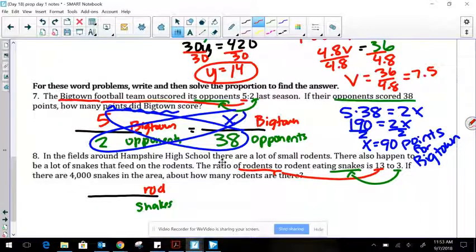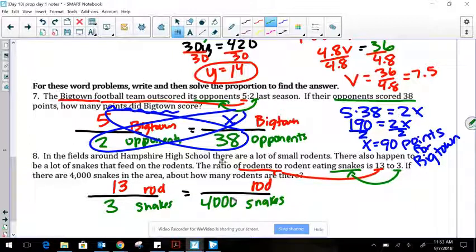So I have 13 rodents for every 3 snakes. All right, and then this side needs to match the left side. So Mr. Wozniak counted that there's 4,000 snakes. Yikes. And we are trying to figure out how many rodents there are.